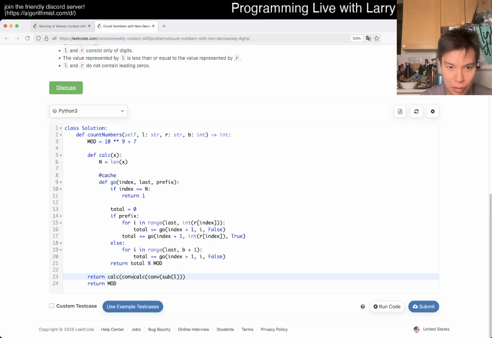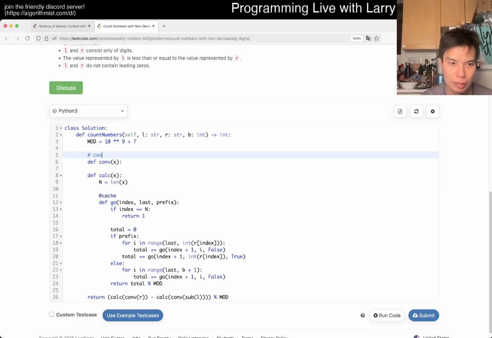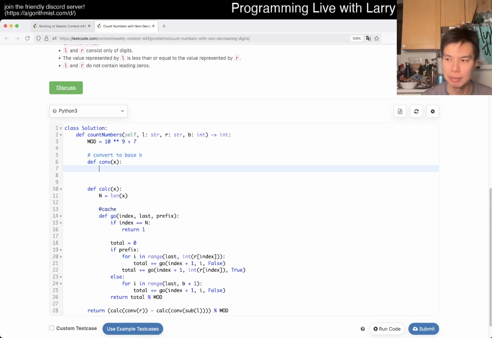So calc convert R minus this, and then we mod it. Remember that Python mod is fine. So we have calc, we have to do a convert to base b, right? So this is base 10.